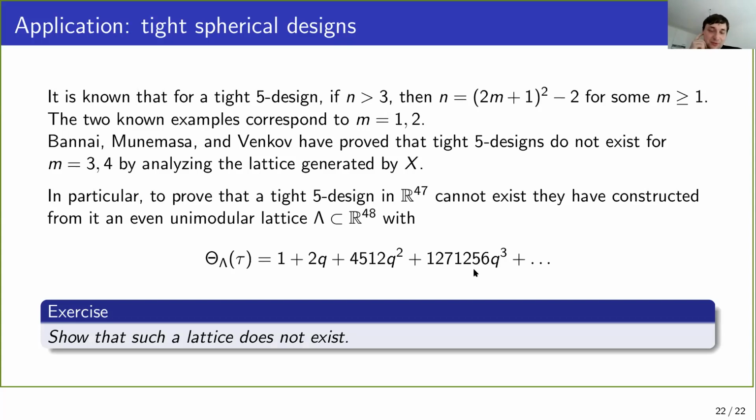And you have enough information from here to get a contradiction, because you have 4 coefficients and the dimension in weight 24 is 3. So these numbers can't be arbitrary. In fact, they cannot come from any lattice, which you get from this linear algebra computation. That I leave as an exercise. And maybe we'll want to stop here.